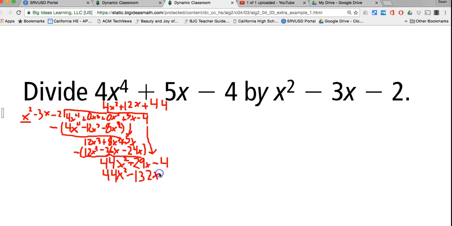Guys, remember, you can use your calculators at any time. And 44 times negative 2 gives us minus 88.